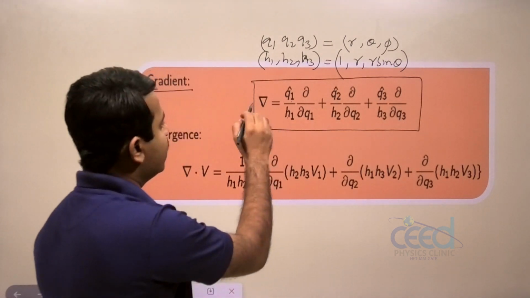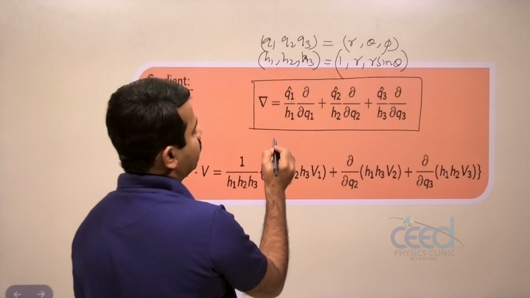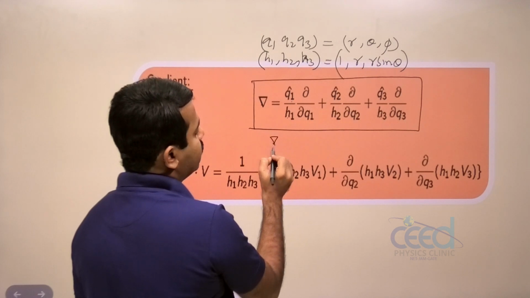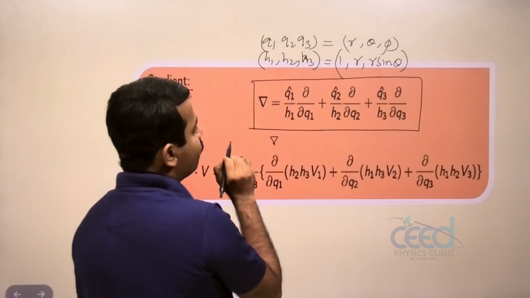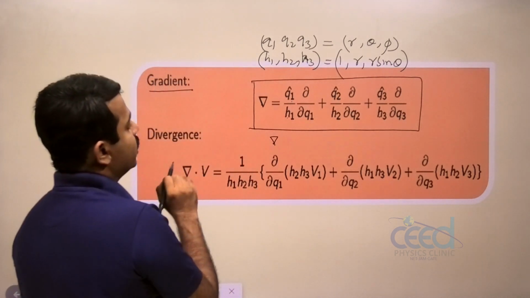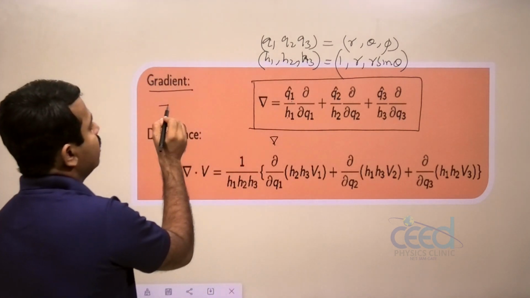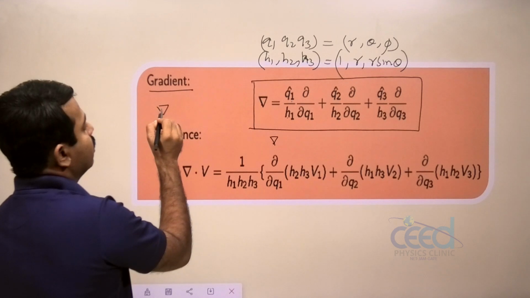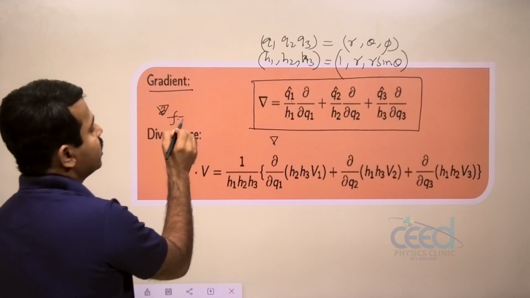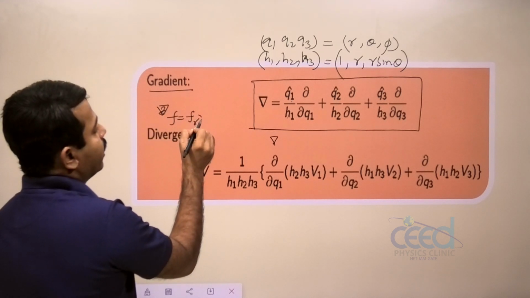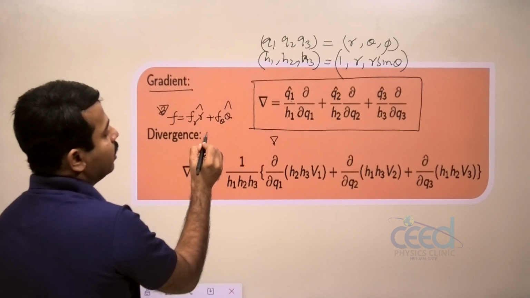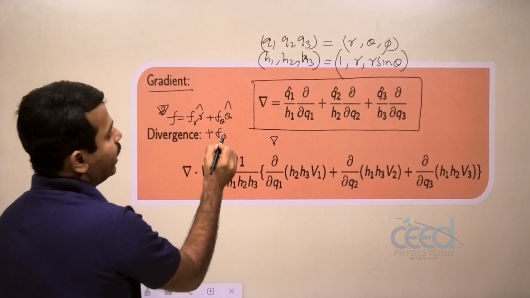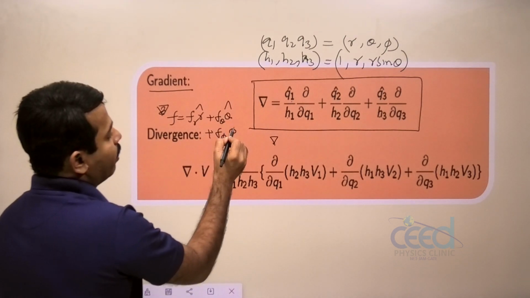Now, what is the gradient in the spherical polar coordinate system? Suppose I select a function f.